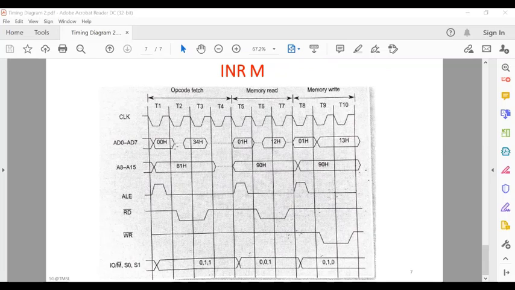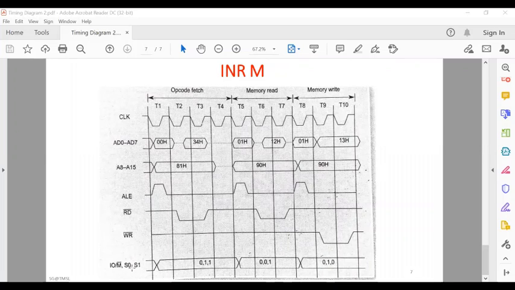Okay, so the first machine cycle, the second machine cycle is based on your read operation status, and the third machine cycle is based on your write operation status. So according to the status of each machine cycle, the status signals will be given over here. 011 is for opcode fetch. Memory read is 010, and memory write will be 001.